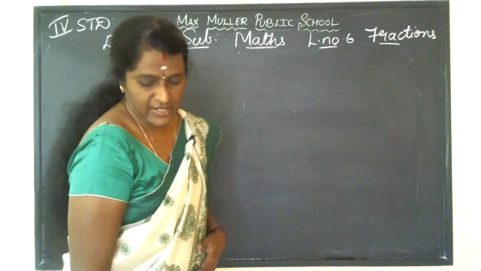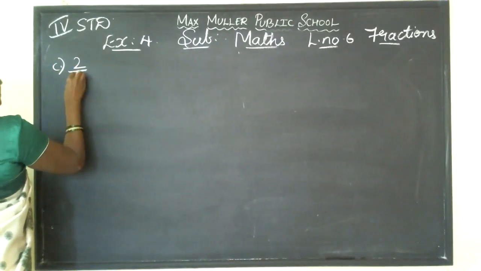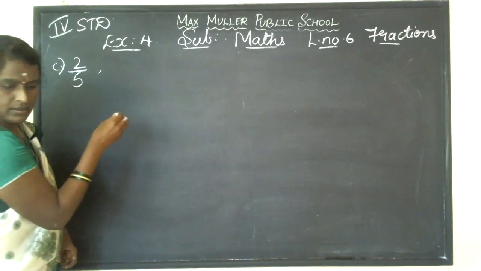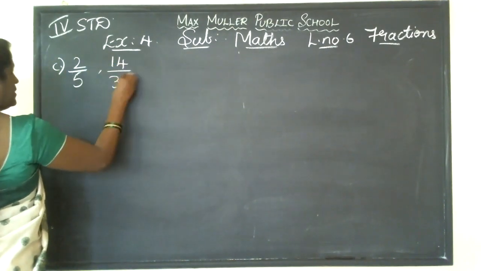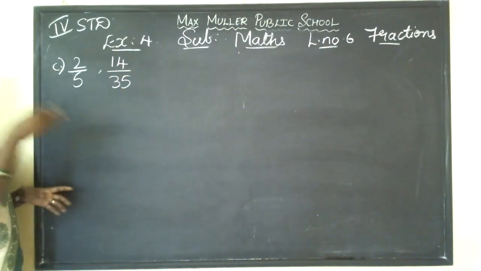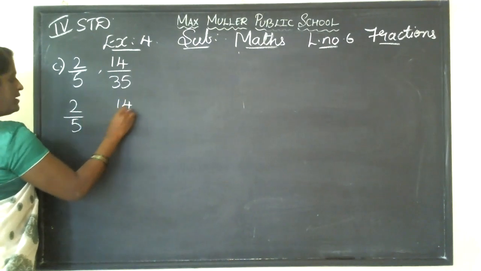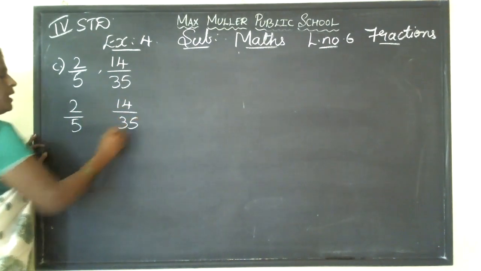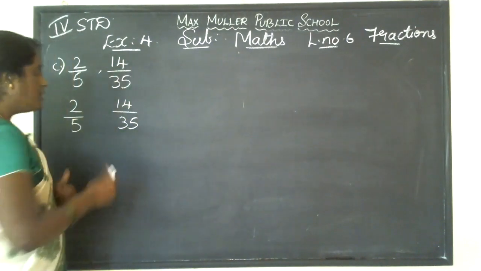Next is C, 2 by 5, comma, 14 by 35. You don't know the 35 table. I know you have learned the tables only up to 12, and 13 and above you don't know. So how to do it?